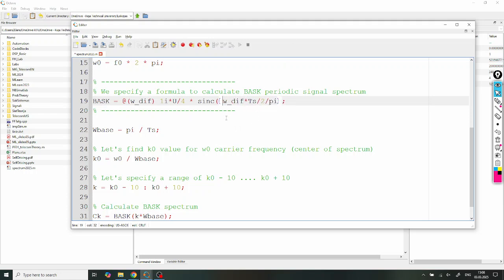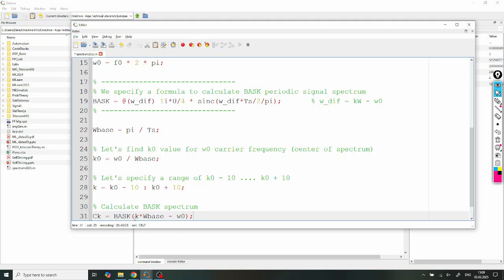Because other way around, we will not be able to say that this is omega 0 or omega 1. It's always going to take omega 0, but we will need to change that. So I'm going to say here that omega difference is omega k minus omega 0. So this way, you can specify directly here, minus omega 0, or omega 1, or omega 2, whichever will be necessary for you. So that is a good idea.